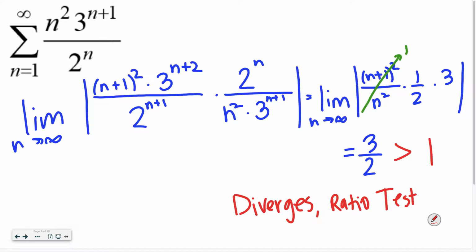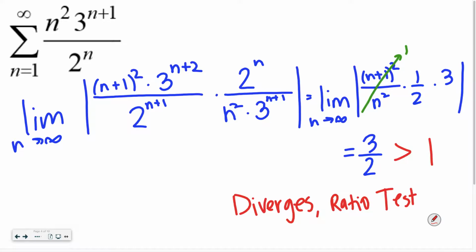Could we have compared it to that? Yeah. We could have, right? Because the series that I wrote on the board at the very beginning when Gabe had his question was divergent because of the 3 halves. And this would obviously be bigger because of the n^2 in the numerator. So by the direct comparison test, we could have done the same thing.